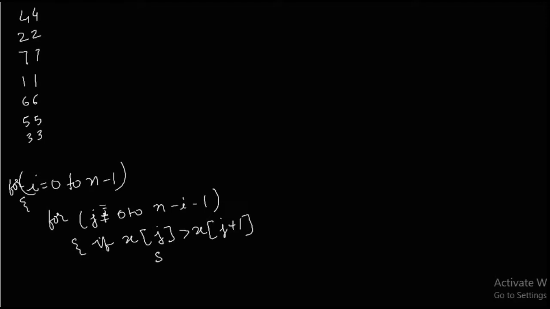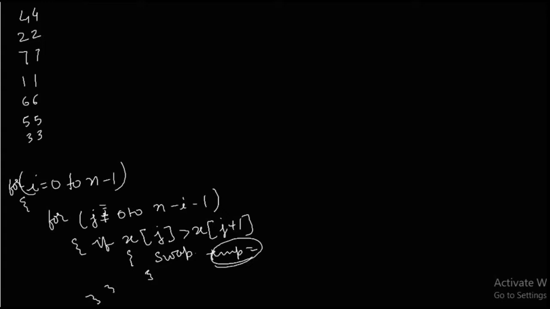If it is greater, then we will swap these values, otherwise we are not going to swap them. So this is the basic logic of bubble sort. For swapping we will use a temporary variable.